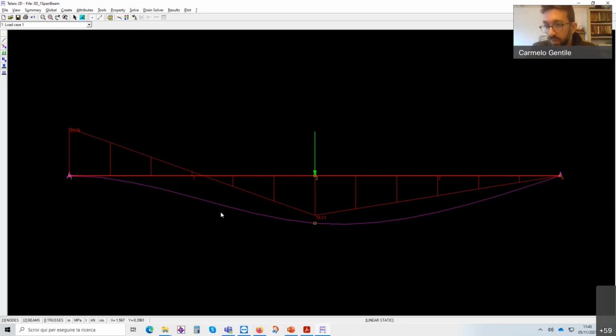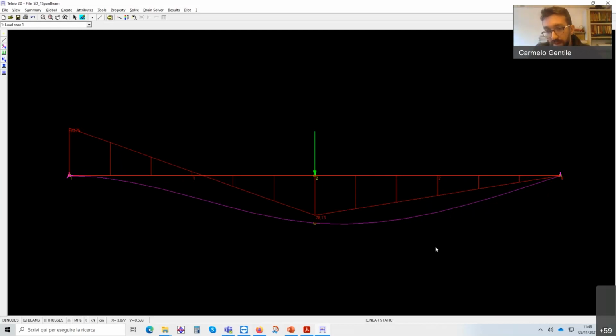What do I mean by upward curvature? If we check the curvature of the beam, the purple one, we see that where the bending moment is positive, or where it is drawn at the bottom of the structure, where we have tensile stress, from here to here, we have a positive curvature. So it's like the beam is smiling, okay?